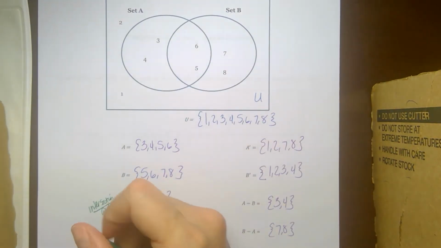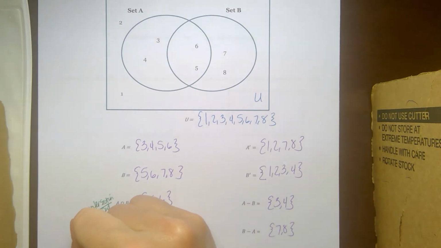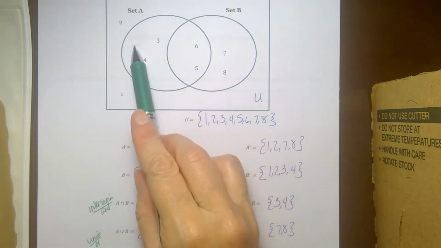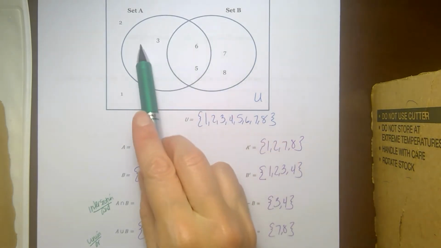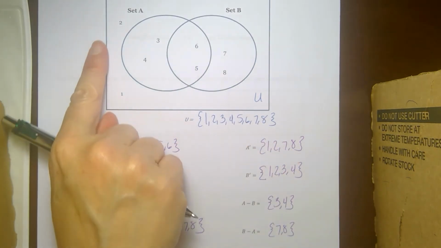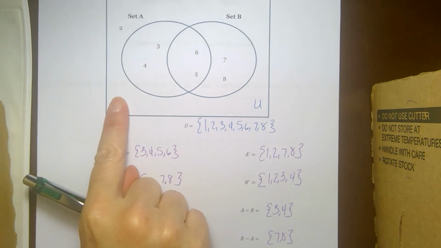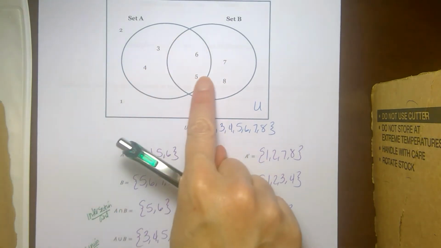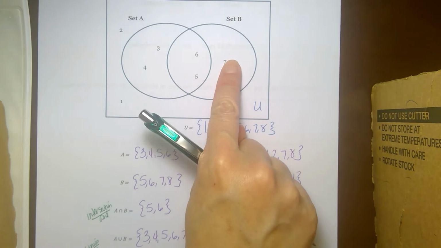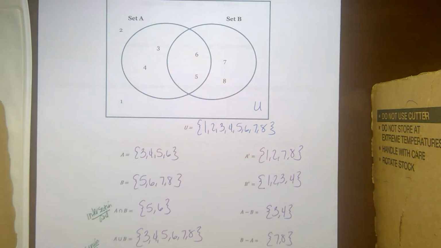For the keyword or for union, I want anything inside the loop, either A or B or both. So I include everything except these elements that are in the universal set but outside. So my union are all 3 regions. My intersection is just the region they share.